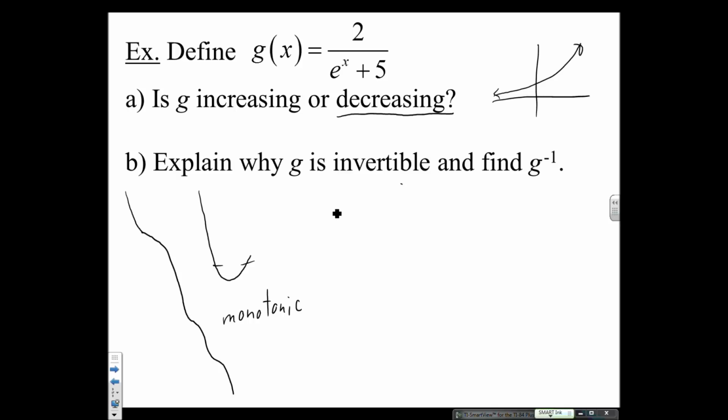But now to find g inverse, let's remember we switch the x's and y's. So x equals 2 over e to the y plus 5. And we solve for y. We could reciprocate both sides. So 1 over x equals e to the y plus 5 over 2. Multiply the 2 to the other side. Subtract the 5 to the other side.